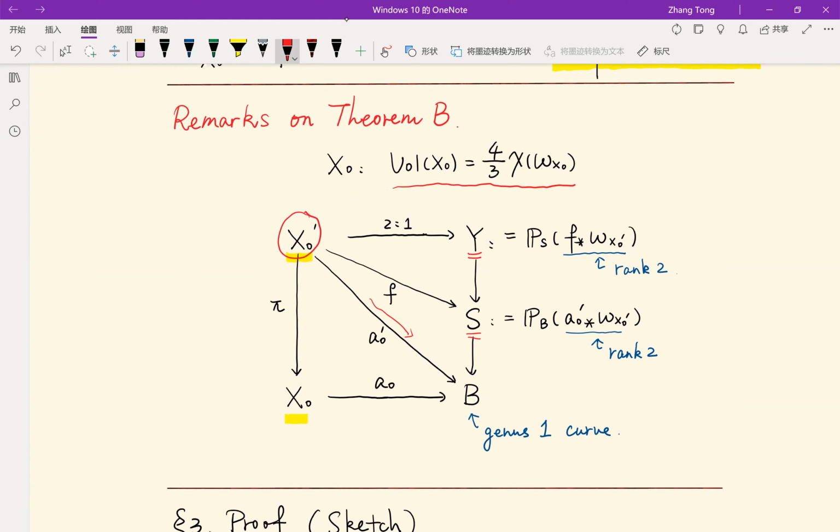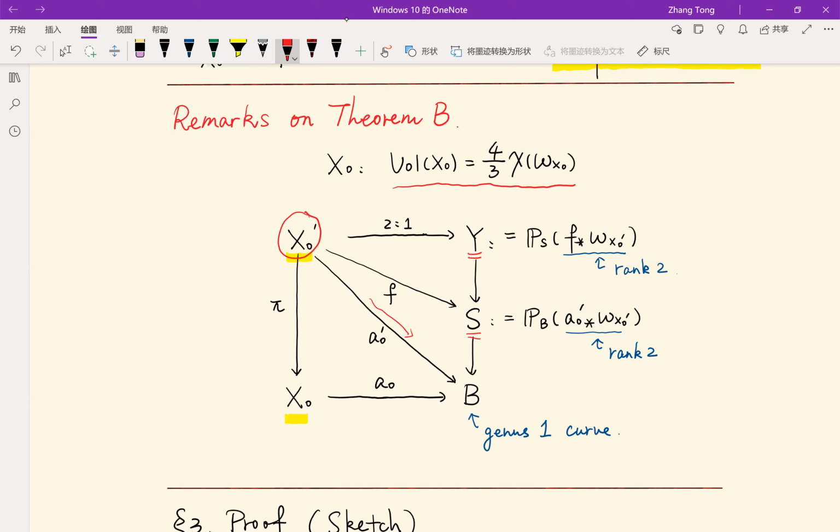So one can use like one sentence to describe the structure of X naught. So X naught is roughly a divisorial contraction of a double cover over a P1 bundle over a P1 bundle over a genus 1 curve. So it's a tower of P1 bundles.